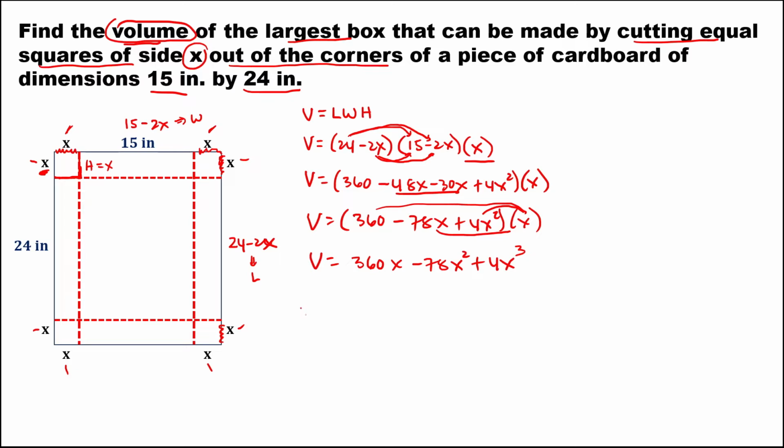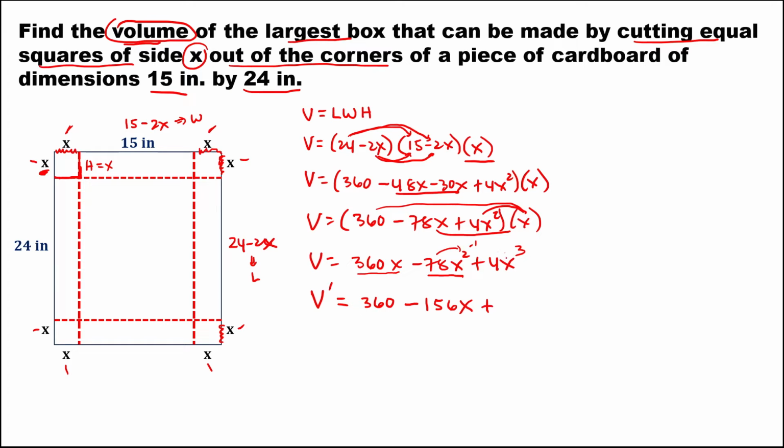Then we need to find the derivative of this volume, V prime. The derivative of 360x is 360, then minus the derivative of 78x squared, so 78 times 2 is 156, then minus 1 for the exponent, so x.